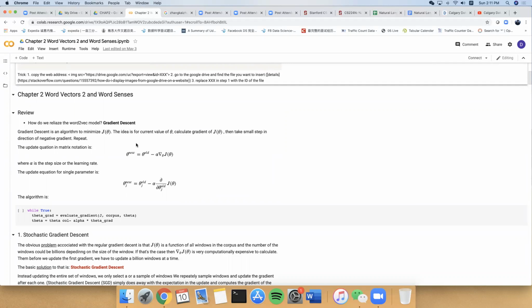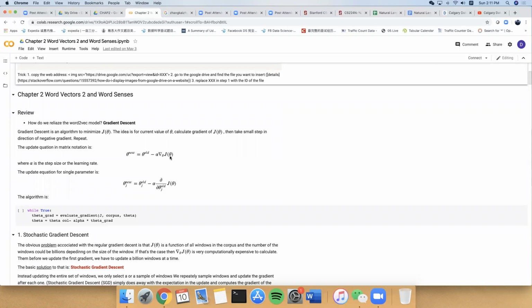Gradient descent is an updating rule: the new parameter equals the old parameter minus a learning rate times the first order derivative of the loss function with respect to the parameters.